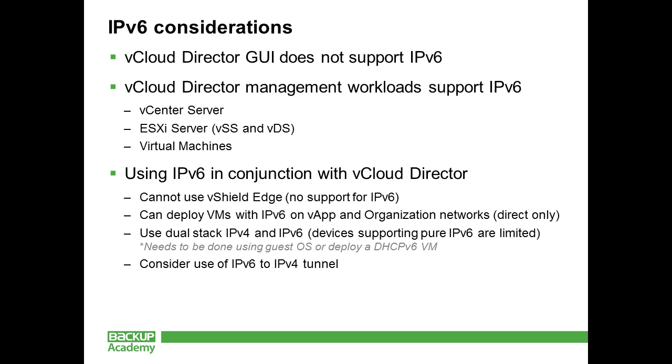Now, as long as you're not using a vShield Edge to route any traffic, so say you have a direct connected external network, you can use IPv6 on that workload operating system. As soon as you introduce any of the networking features like vShield Edge or any configuration items like that, then you lose the ability to use IPv6. So consider the use of an IPv6 to IPv4 tunnel while trying to work around these restrictions.